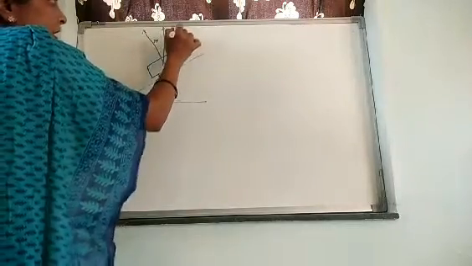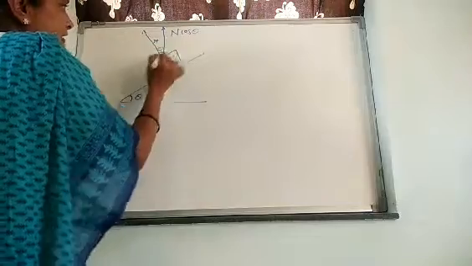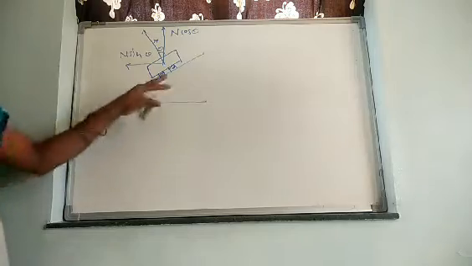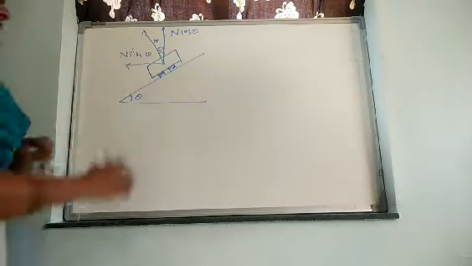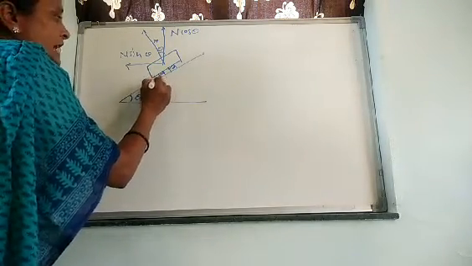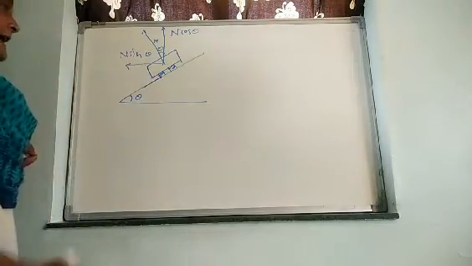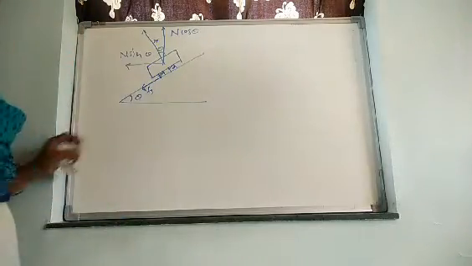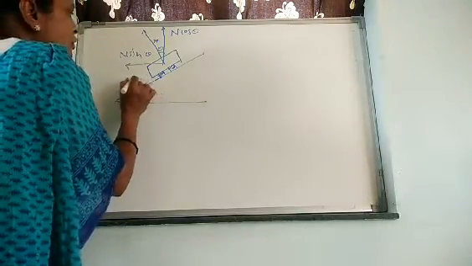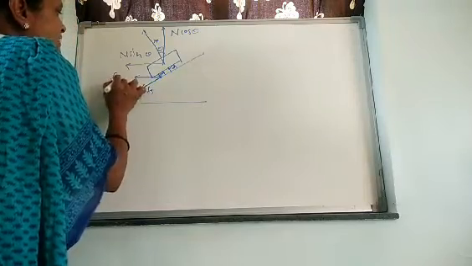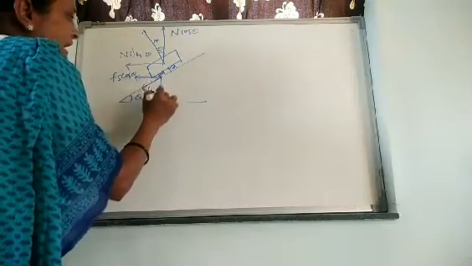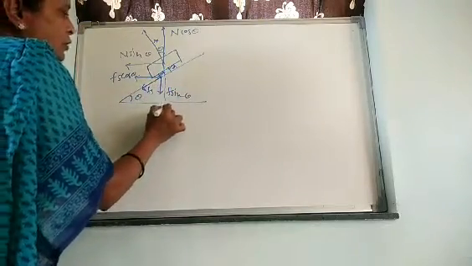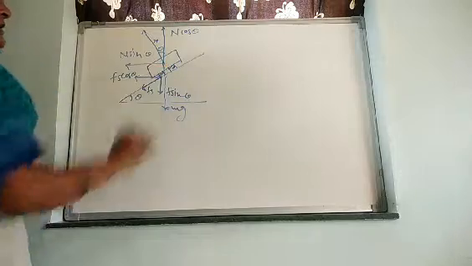Here it will be n cos theta. This is angle theta. Here it will be n sin theta. Now for upper speed limit, the force of friction is along the inclination, but it is directed in the downward direction. This can be resolved into two components: the horizontal component Fs cos theta and the other Fs sin theta. Here you know that it will be the weight mg of the vehicle.